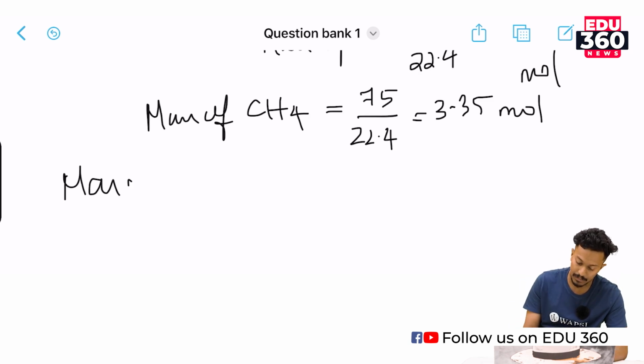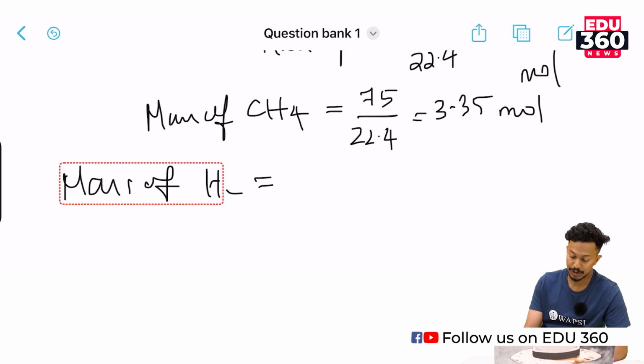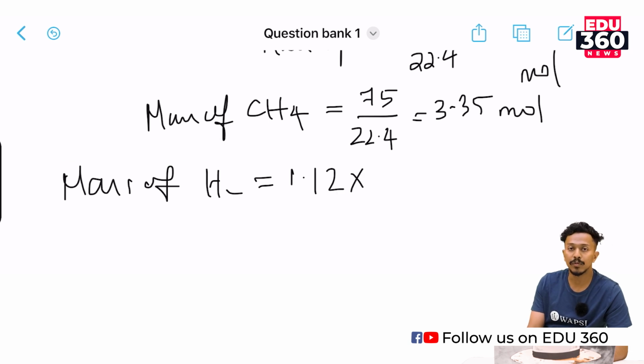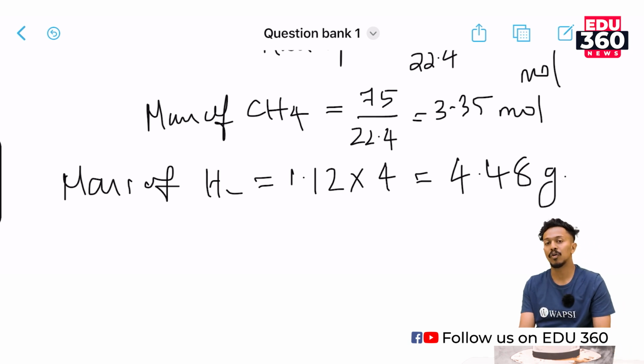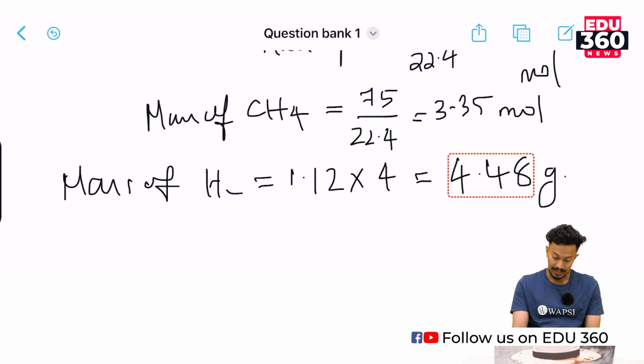Mass of helium is given by 1.12 mole into the molecular mass of helium, which is 4, which is 4.48 gram of helium present.